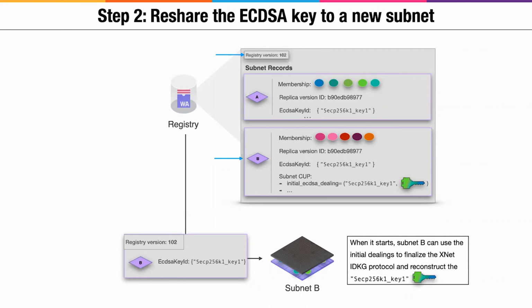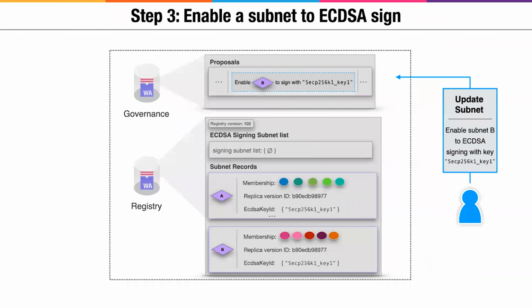So instead of relying on what's already in the subnet record, we essentially extended the registry to also include an explicit list of subnets that are allowed to sign with a specific key ID. This is the signing subnet list, which, exactly as I said, just keeps the mapping between which key identifier and which subnet is authorized to handle signing requests for it.